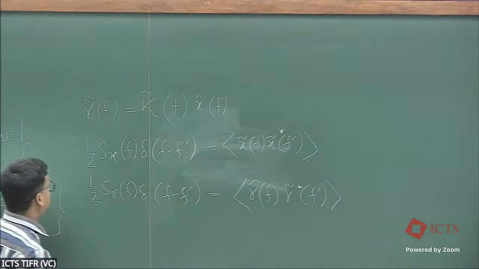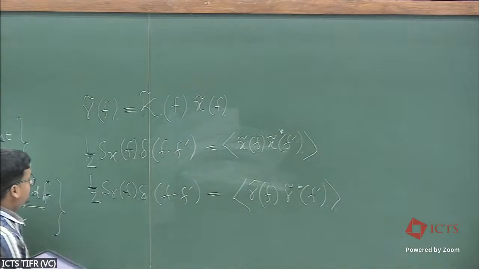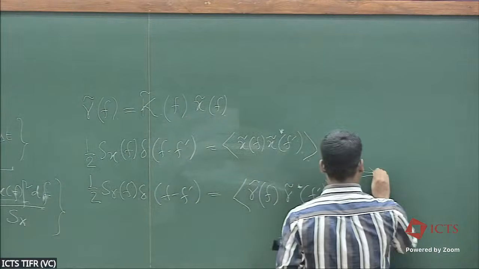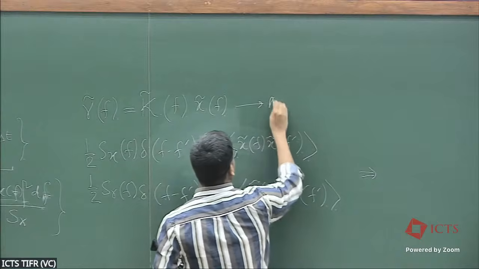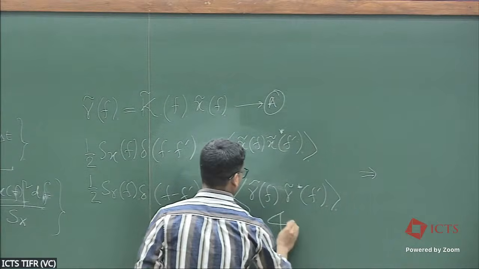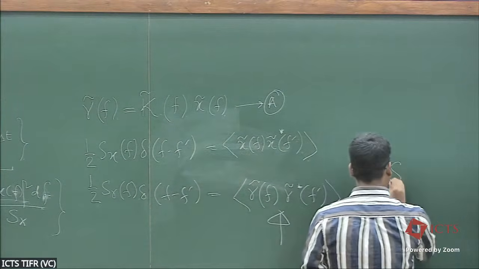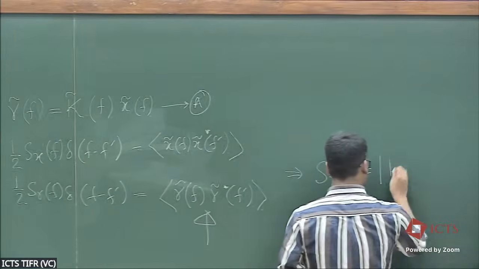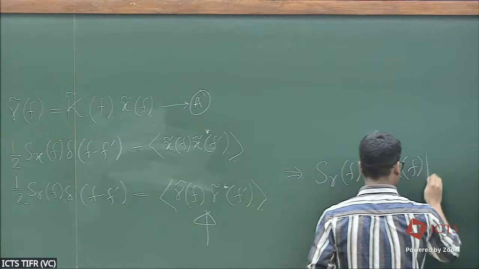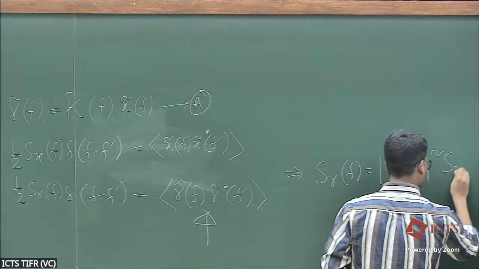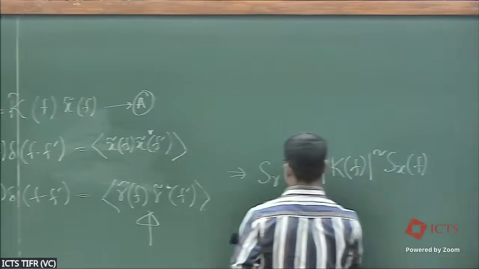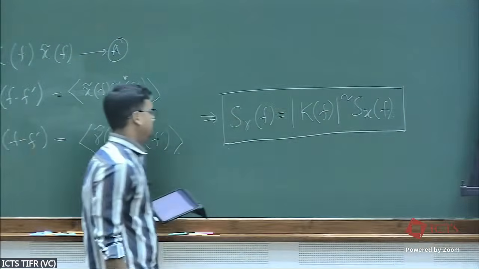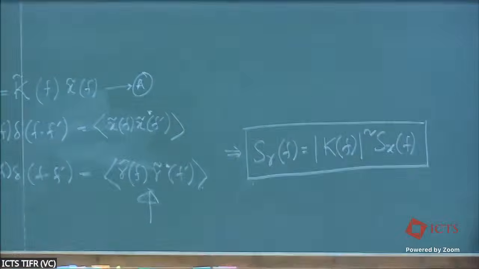And if you substitute this in this, finally substitute this equation A here, then you can show that S gamma of f is given by this.